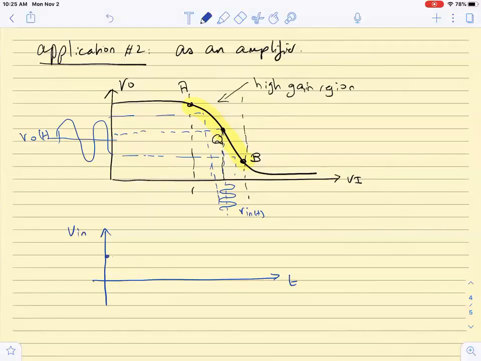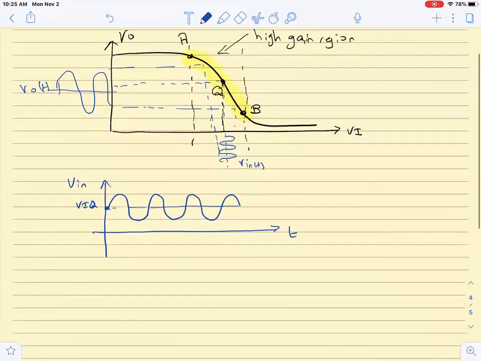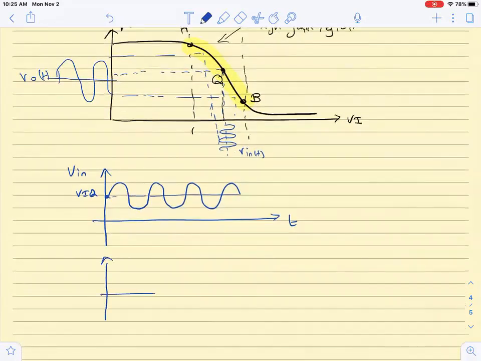If Vn is centered at Viq and it moves like this, it is inverted. So we will have a Vo as a function of time, centered around some Voq. It is inverted, but it has a larger magnitude.